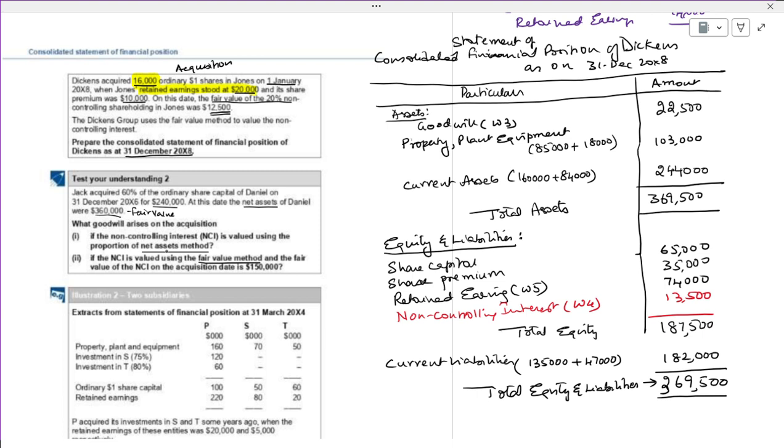The second one is with respect to fair value. The fair value is going to be 360. We have to divide it accordingly.